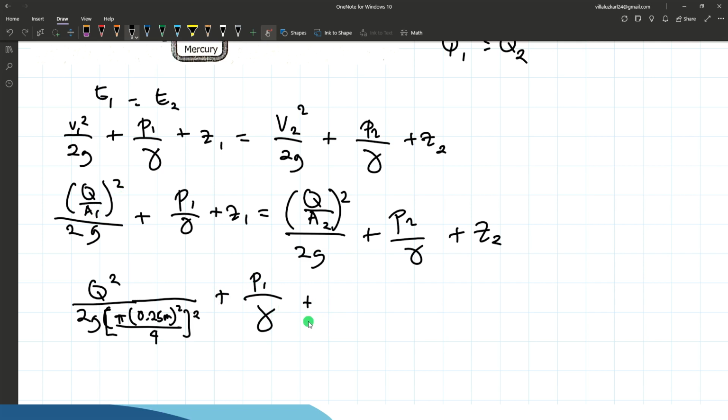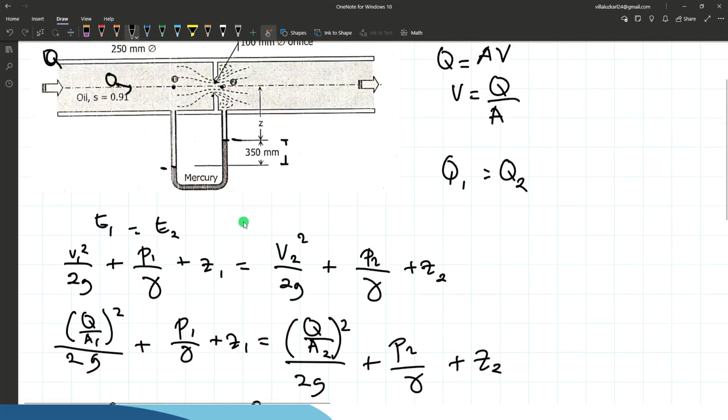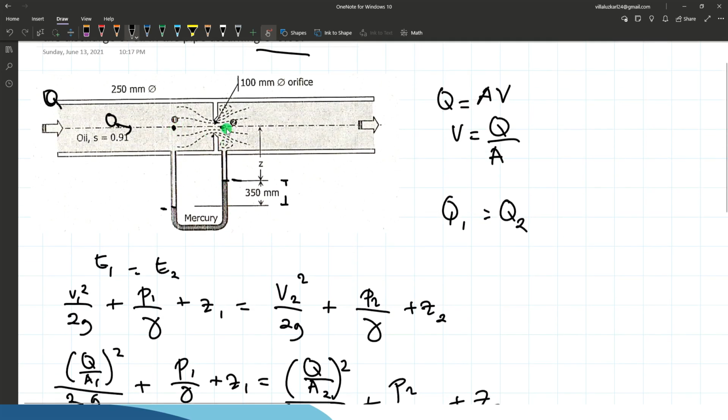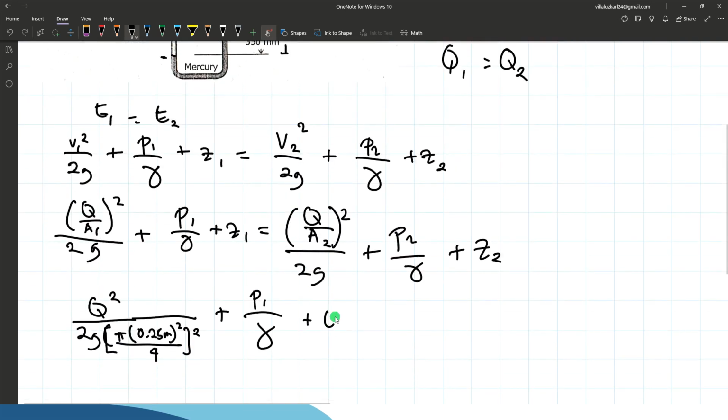Z at point 1 and point 2 are at the same elevation, the centroid of the cross section of each point, so they are in line, both 0, and they cancel out each other.